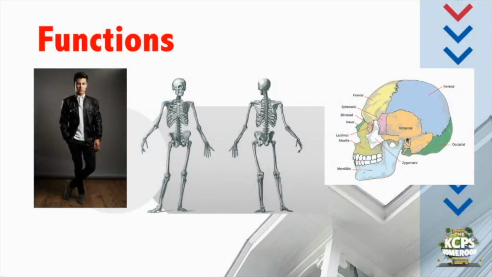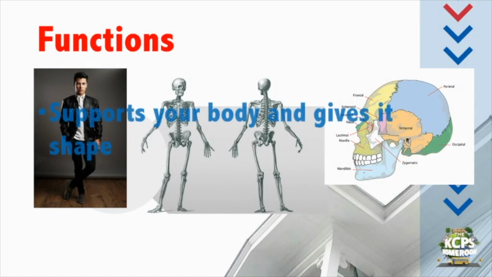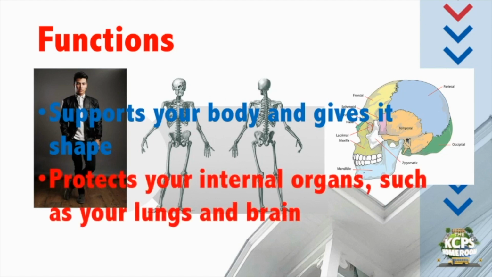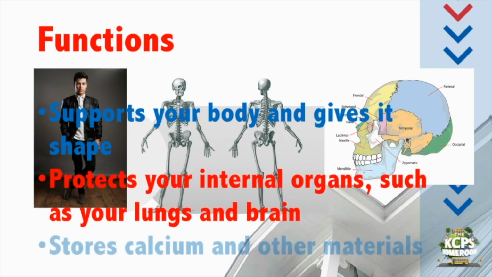The skeletal system has many functions. It supports your body and gives your body shape. It protects your internal organs such as your lungs and brain, and it stores calcium and other materials.